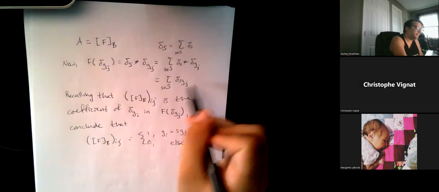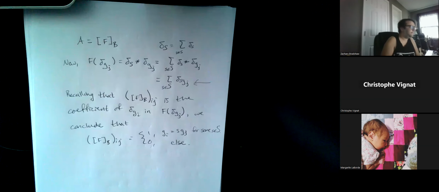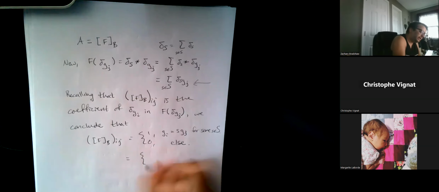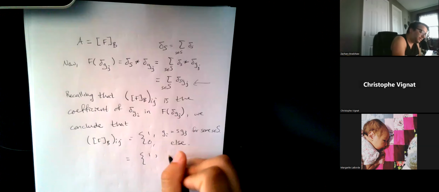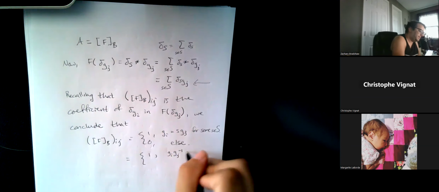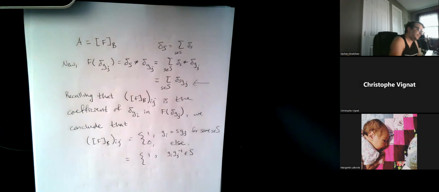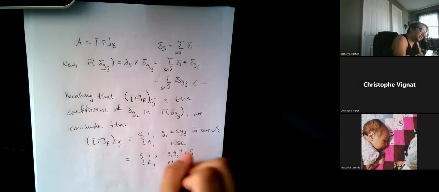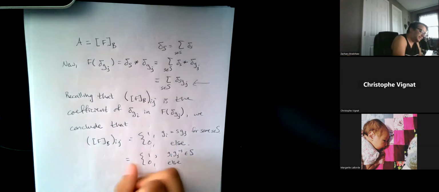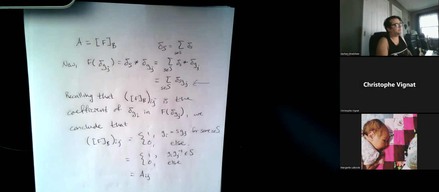Okay, so that comes from right here. And then we can rewrite this as 1 if gi gj inverse is contained in S and 0 otherwise. But this is exactly the definition of the adjacency matrix of the Cayley graph.